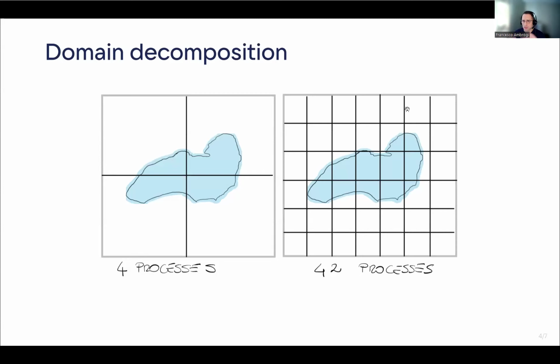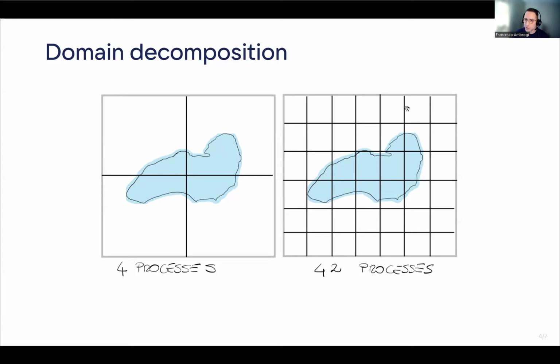One of the most common strategies to parallelize a problem, specifically in CFD but also in many other applications, is to do a domain decomposition. For instance, let's say we are studying the temperature changes in the water in Lake Ontario, and we are doing that using some sort of software. We can split the problem into chunks.